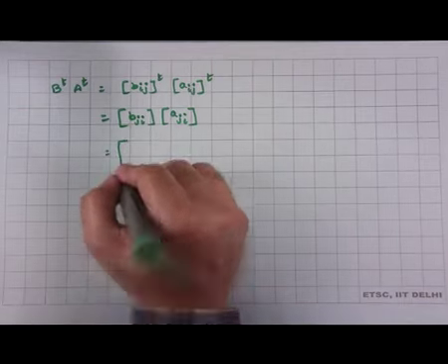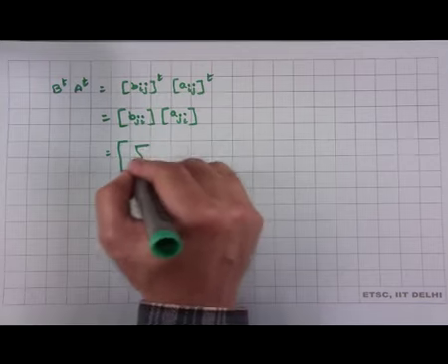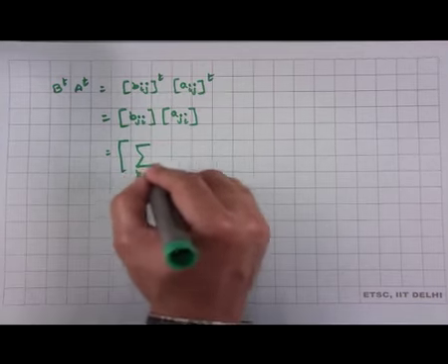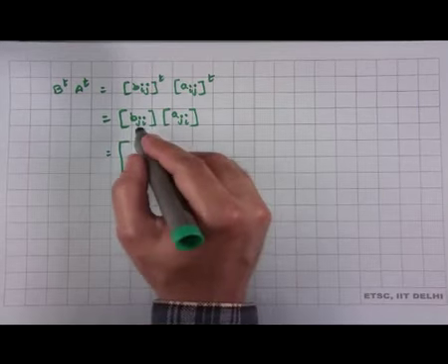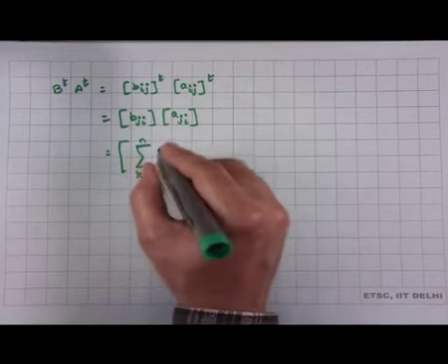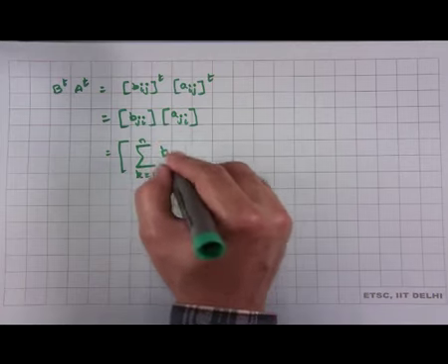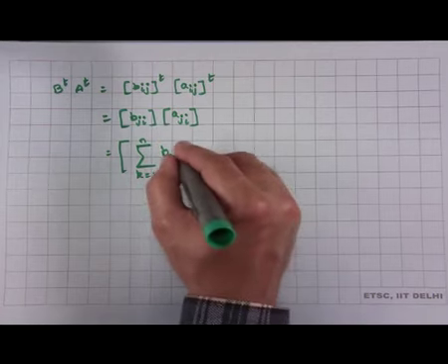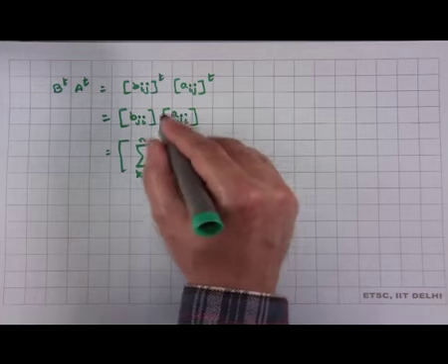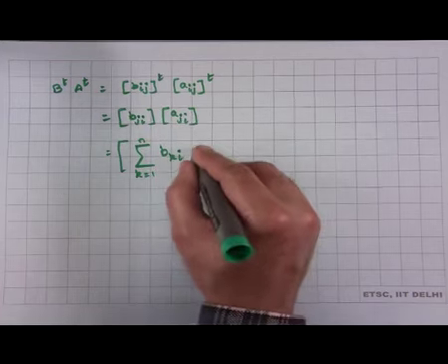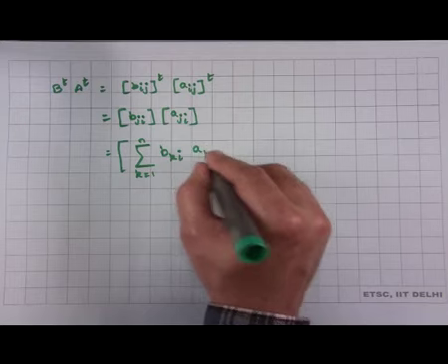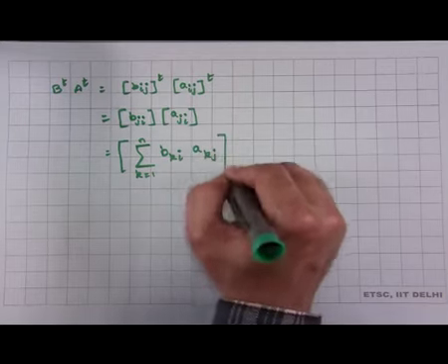So, the resulting matrix is going to be summation k running from 1 to n. The ikth entry of this matrix is Bki, and from the other one I need the jkth entry, which is Akj.